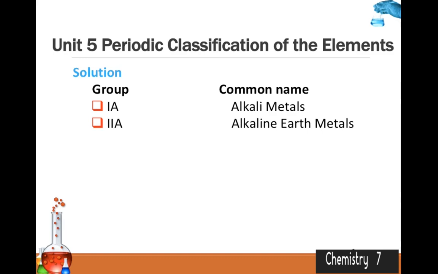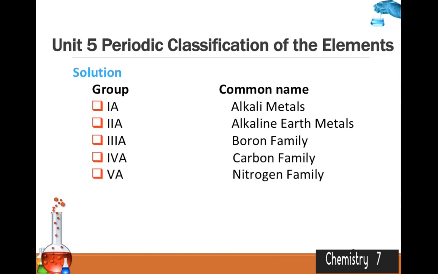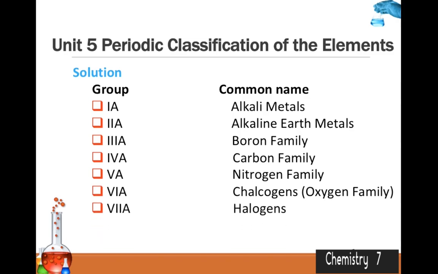Group 2A is alkaline earth metals. Group 3A is the boron family. Group 4A is the carbon family. Group 5A is the nitrogen family. Group 6A is the oxygen family. Group 7A is the halogens. And Group 8A are the noble gases. The answer is A, halogens.